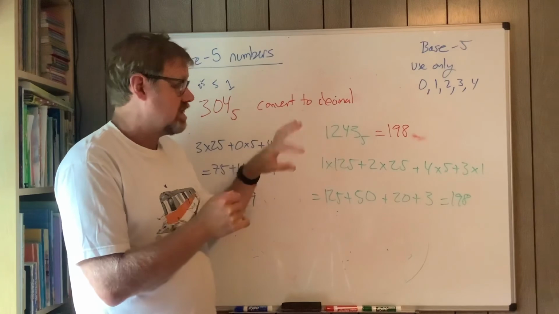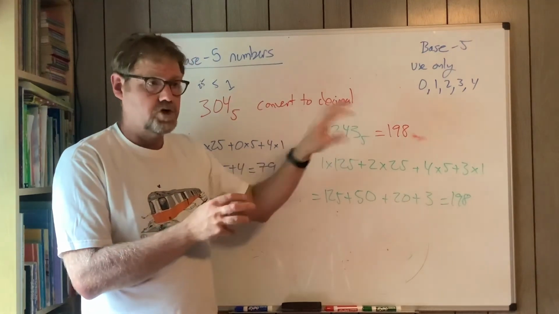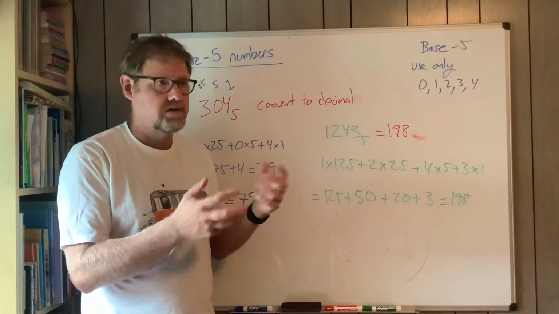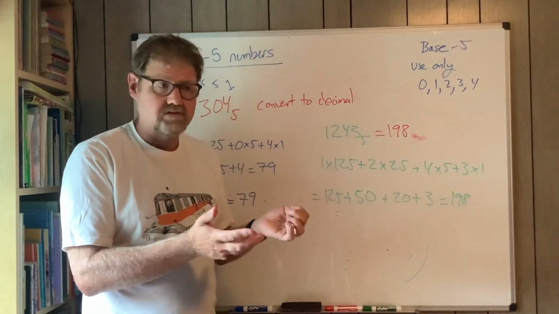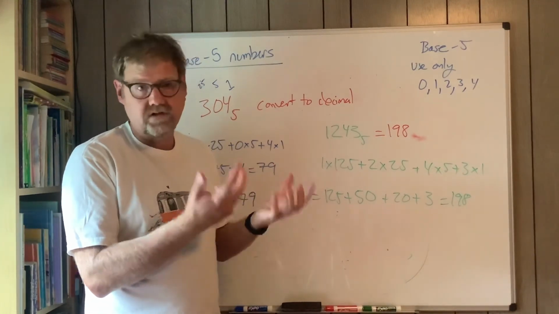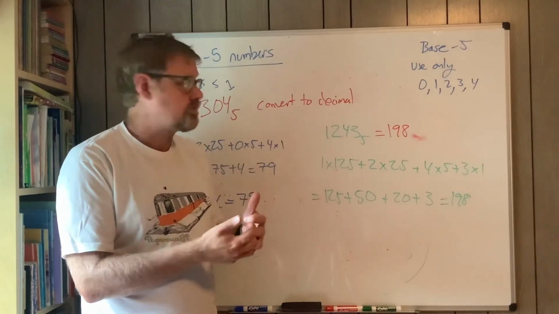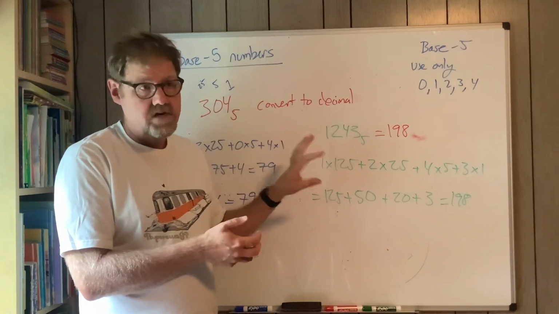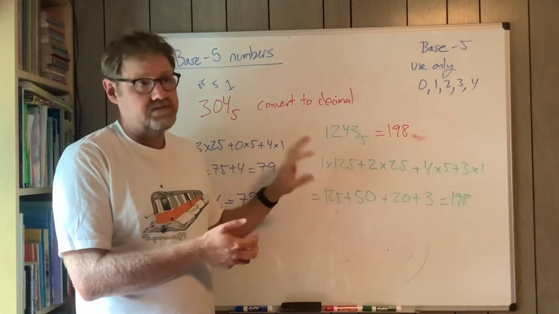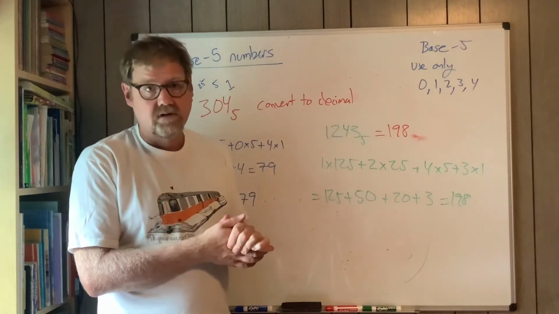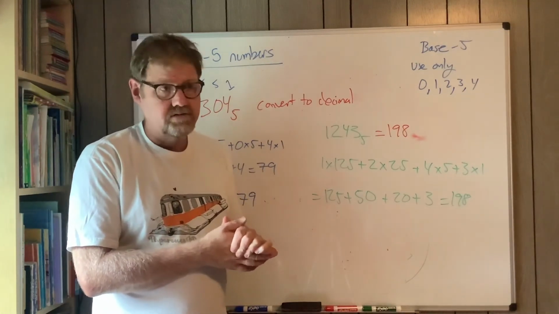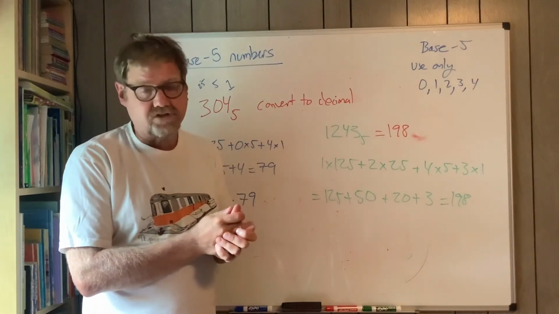I think a good understanding of this, going back to decimal, means I really understand why I'm doing this kind of thing, which is really the key when you're trying to teach it. You've got to understand things at such a deep level. So the reason for this is not that you're going to go out and do base 5 addition and multiplication all over the place as teachers.